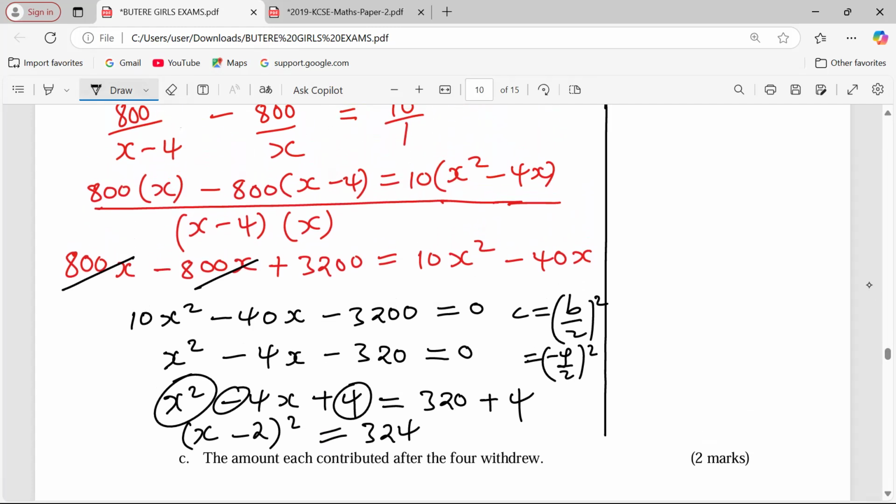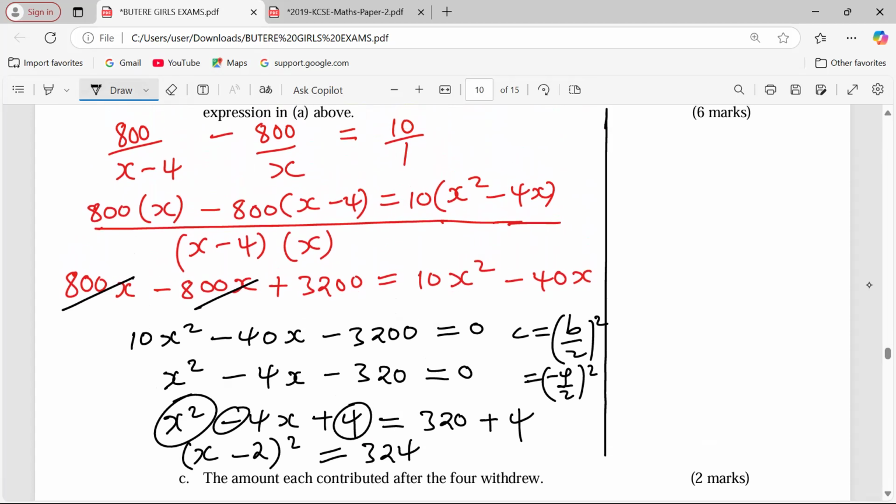From this point, we are supposed to get the square root of both sides of this expression. When you take the square root, x minus 2 squared becomes x minus 2. This equals the square root of 324, which is either plus or minus 18.